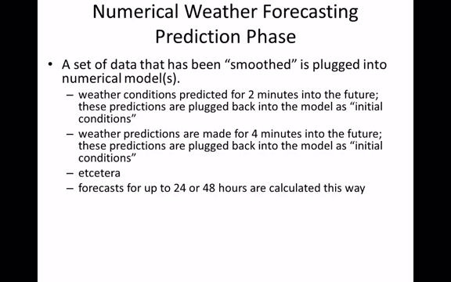Well, you do it really quickly. And then whatever it says your forecast is going to be for 2 minutes, you use those as initial conditions, and you can use the same model and plug them back in, and you go another 2 minutes in advance. So now you're up to 4 minutes. You're like, I hope you're doing this fast, because otherwise, by the time you get it, yeah.